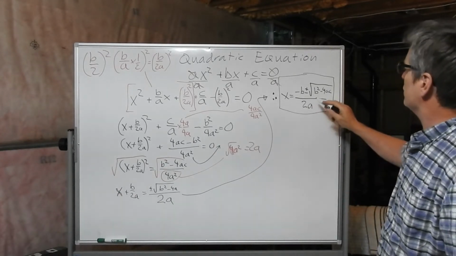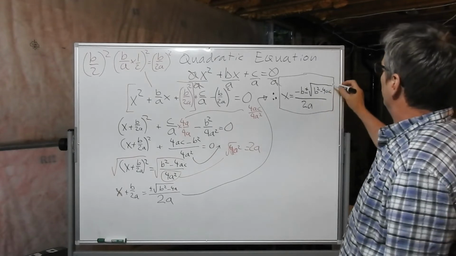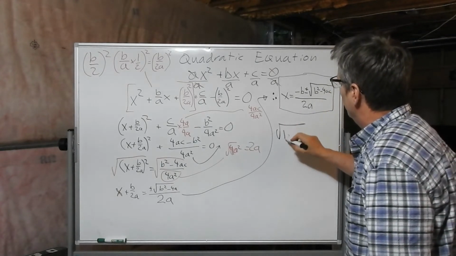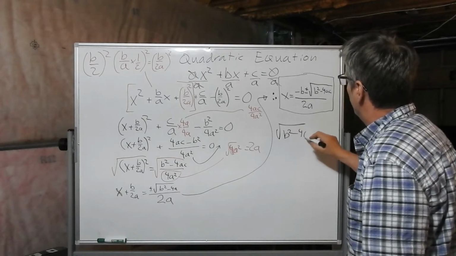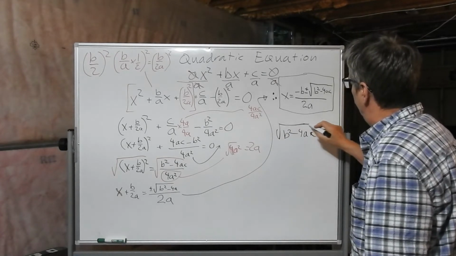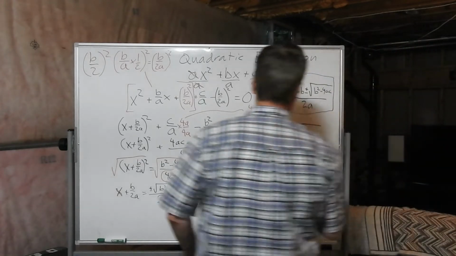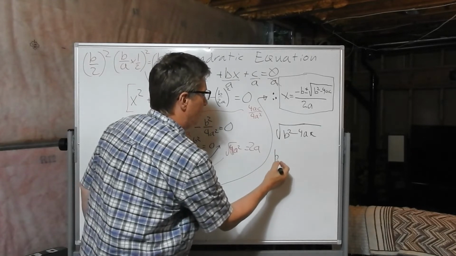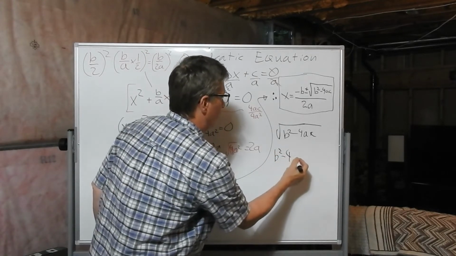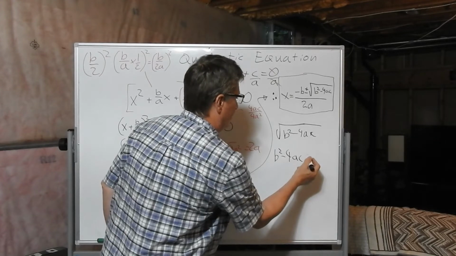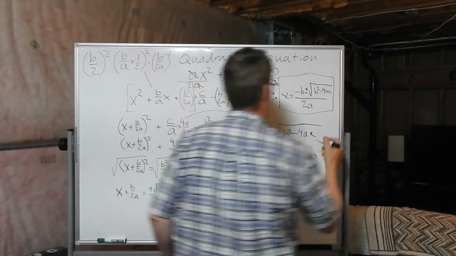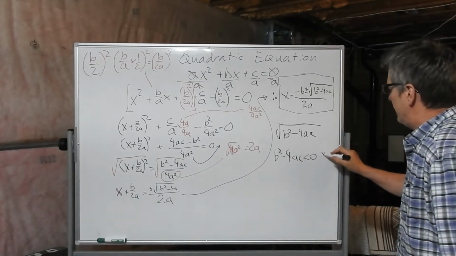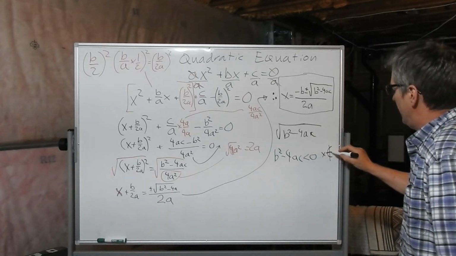Now, the nice thing about this form is, if you look at the root, b squared minus 4ac, what this tells you right away is, if b squared minus 4ac is less than 0, you would have a negative in the square root. So x would not have any real roots.